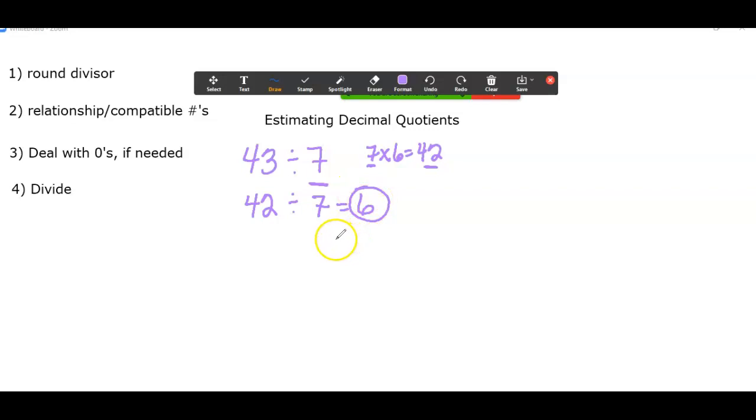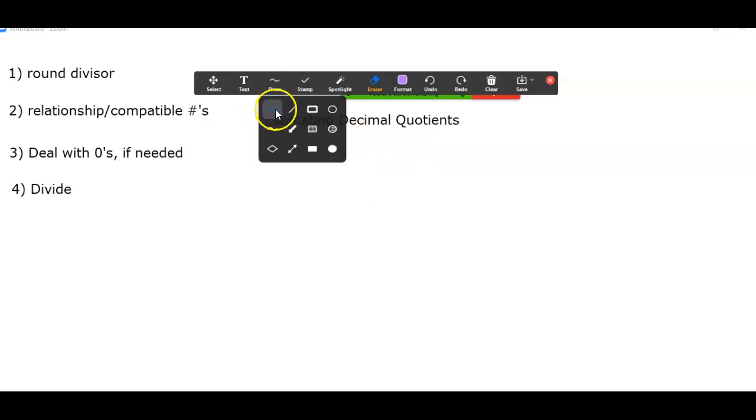Okay, so now that we've reviewed that with whole numbers, let's go ahead and do some decimals. The process is exactly the same. Okay, these steps over here don't change just because now we're working with decimals. So let's use 42 divided by 2 and 8/10.